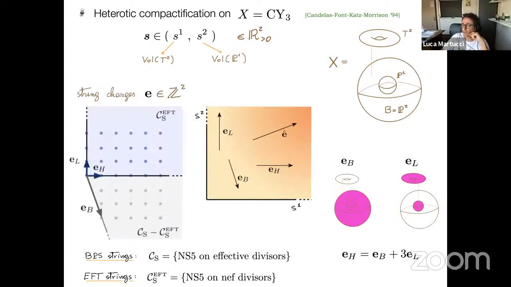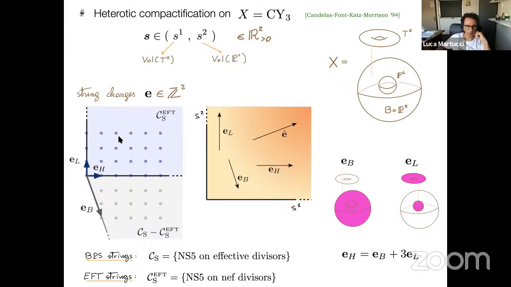Instead, by looking at the dual set of string charges, we can first discuss the set of possible BPS strings associated with this perturbative regime, which correspond microscopically to NS5 branes wrapping effective divisors. So the full set of BPS string charges can be identified with the cone generated by effective divisors.